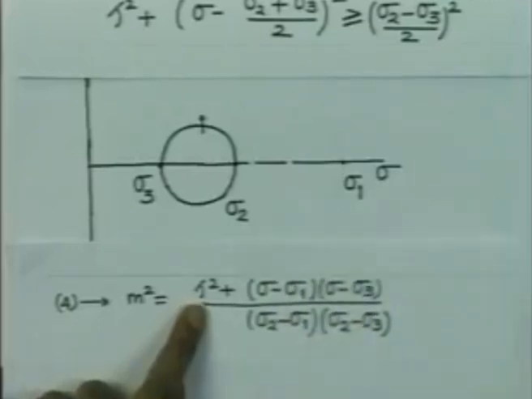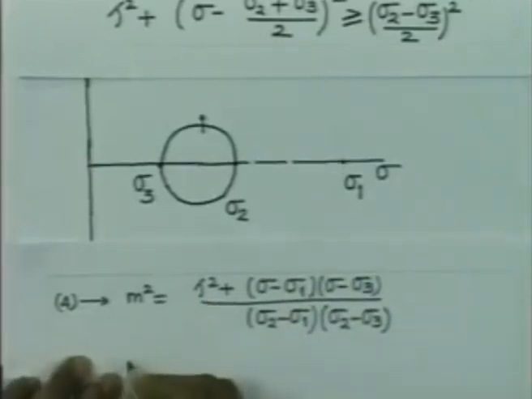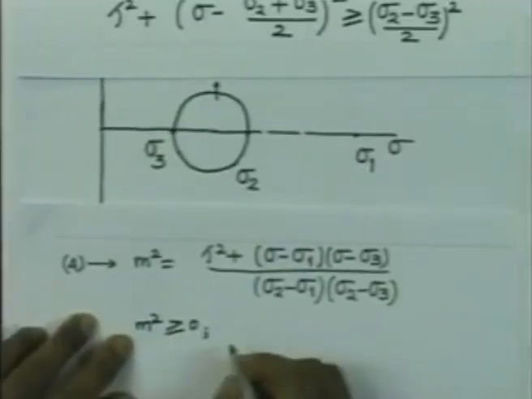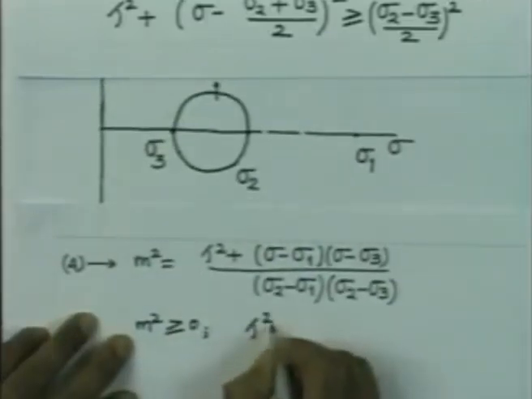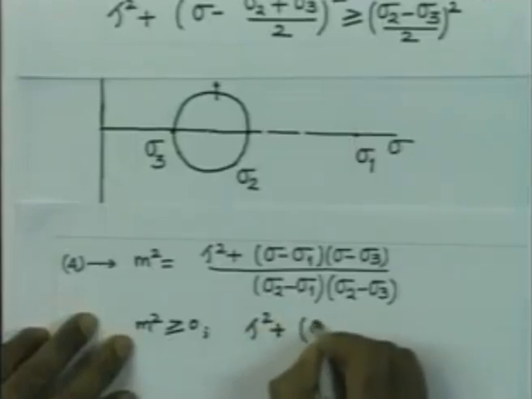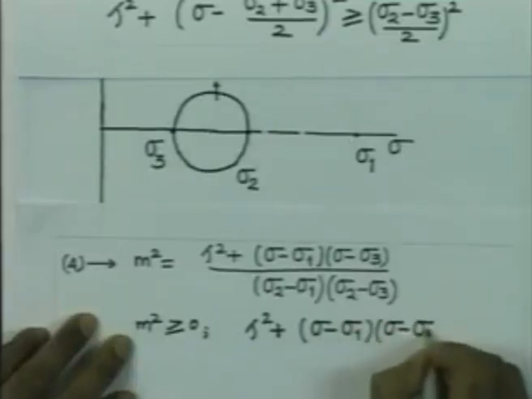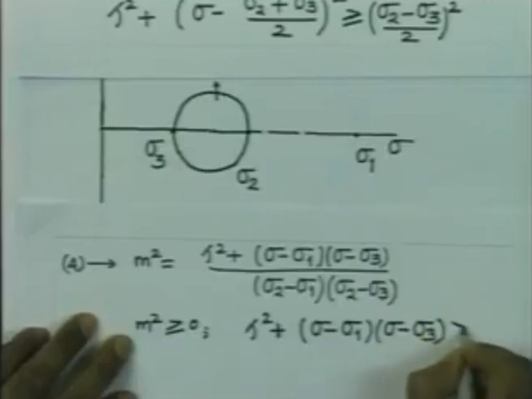So, for m square greater than or equal to 0, we will have tau square plus (sigma minus sigma 1)(sigma minus sigma 3) less than or equal to 0.